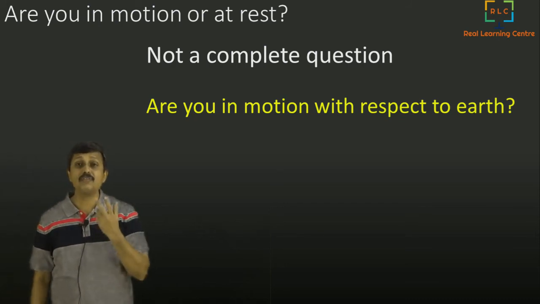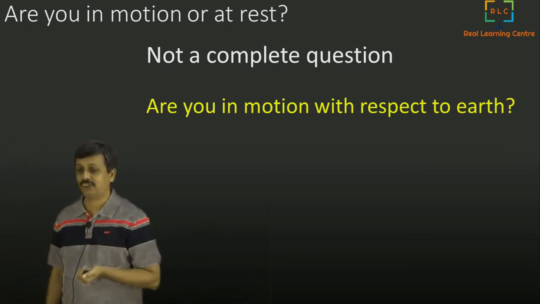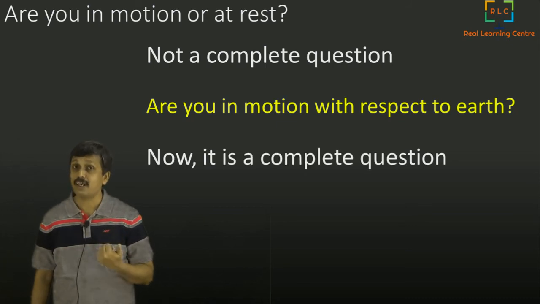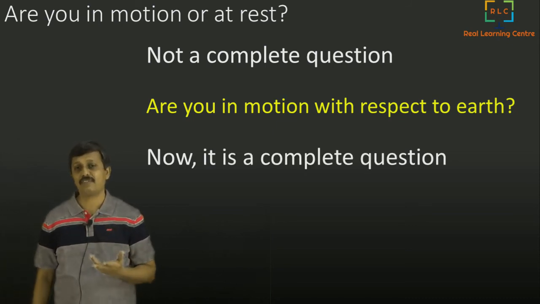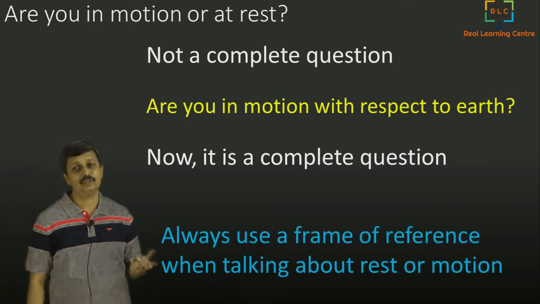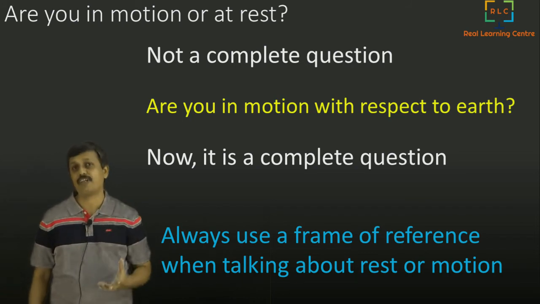So you have to use the words with respect to. Then only it becomes a complete question. So always use a frame of reference when talking about rest or motion. This is called frame of reference. What are you referring to? That you have to say.